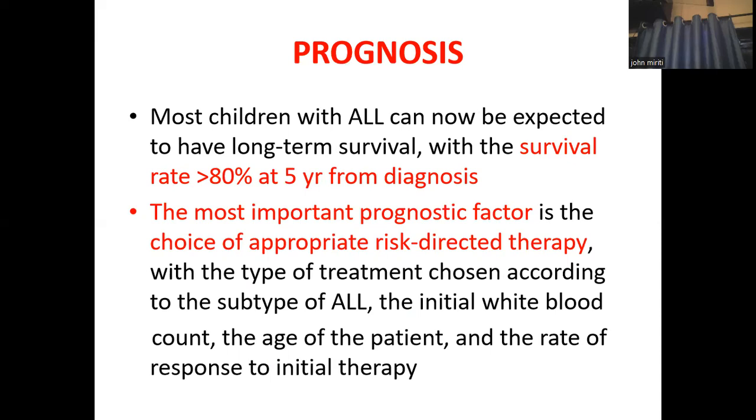The most important prognostic factor is the choice of appropriate risk-directed therapy, with the type of treatment chosen according to the subtype of acute lymphoid leukemia, the initial white blood cell count, the age of the patient, and the rate of response to the initial therapy.